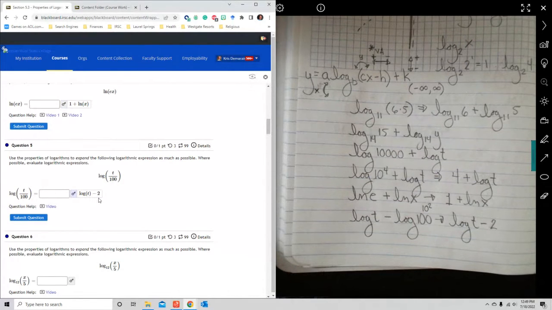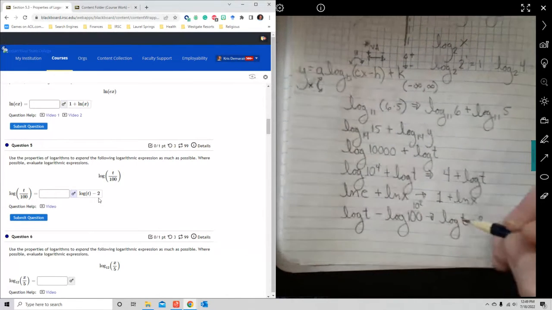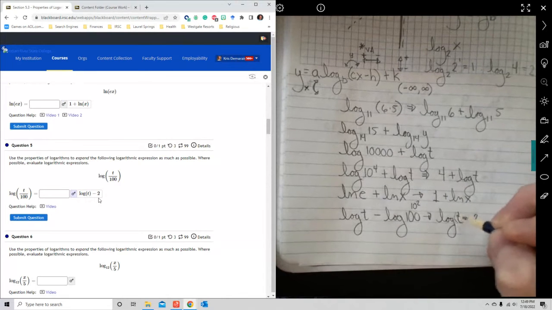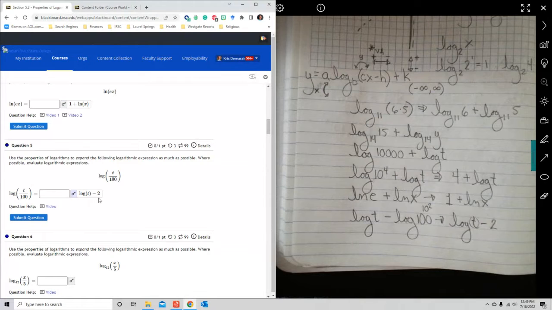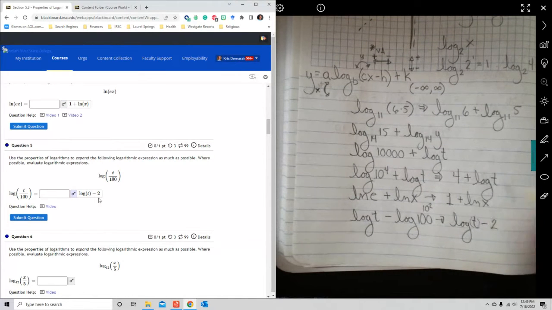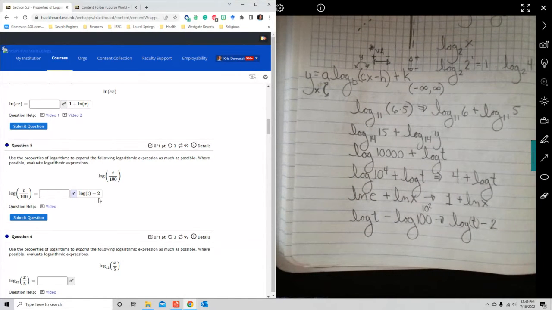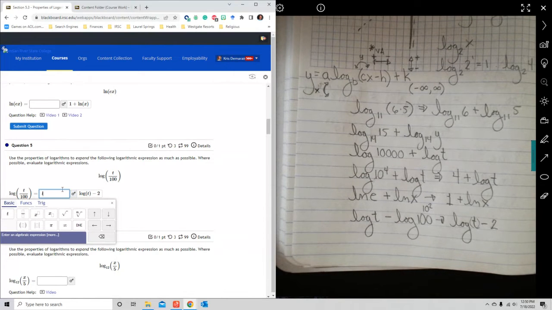Now you probably sit there and think to yourself, does it matter if I put the parentheses or not? I say try it, see what happens. Sometimes it gets confused with whether you're trying to put LOGT or log of t. So that's why the parentheses. I always say try it and see what happens. Matter of fact, because I'm me, I'll try it right now.